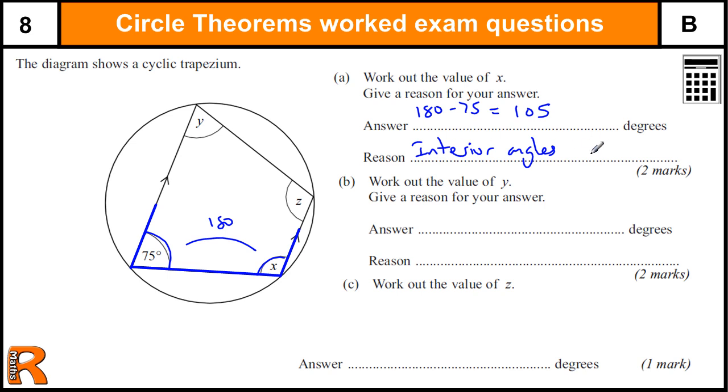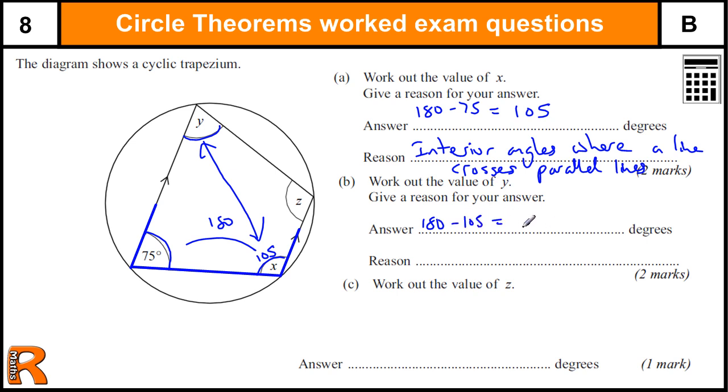I think the key words there are interior angles, where a line crosses parallel lines. Work out the value of y, give a reason for your answer. So this angle here, y, once we know this is 105 and we know this is a cyclic quadrilateral, then we know opposite angles add up to 180, so we put 180 minus 105, which is 75 again.